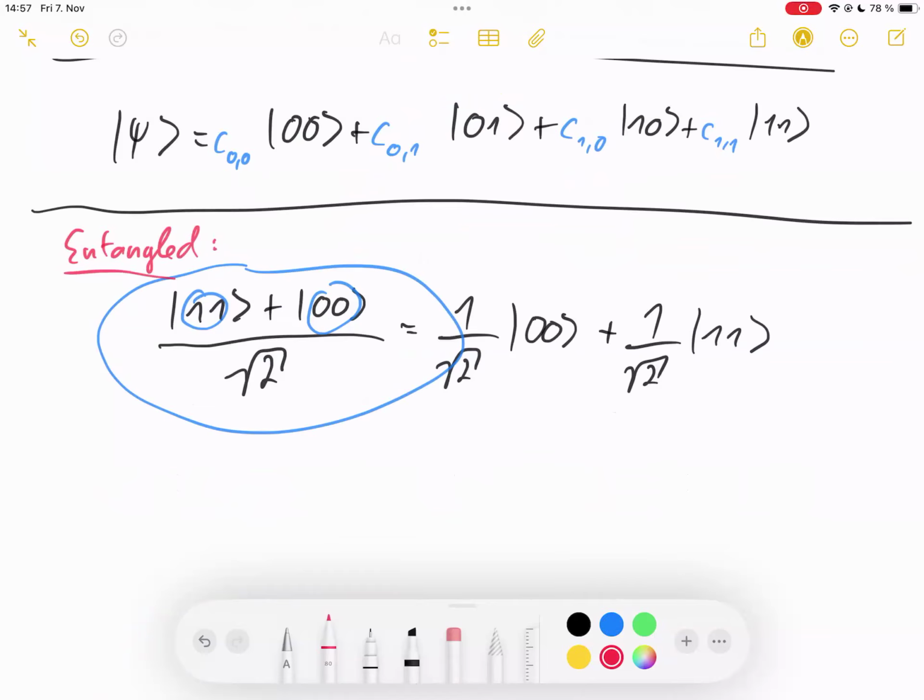qubits are entangled. We saw this last week, and we said, if two qubits, we didn't say qubits, we said two states that are entangled, or two systems that are entangled.